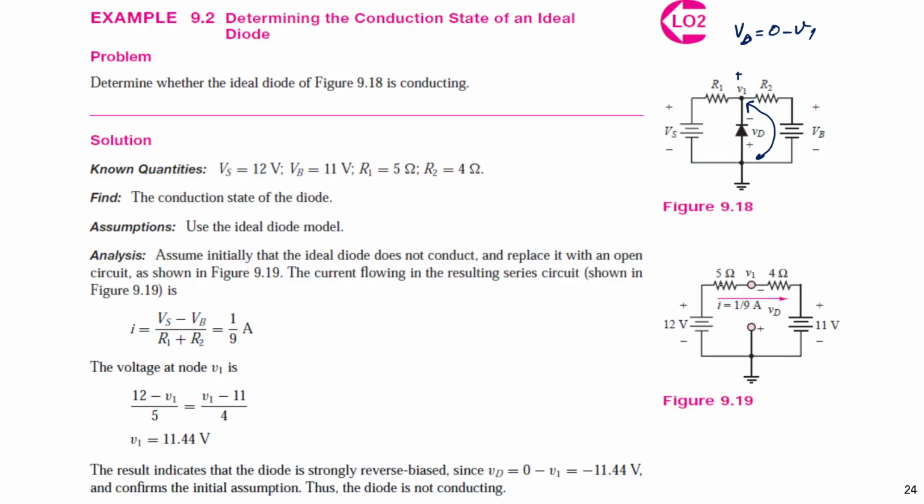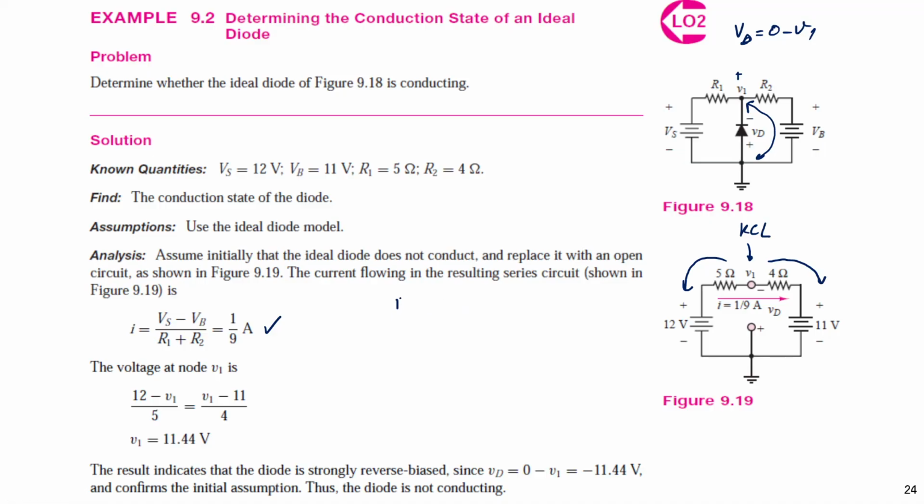So by this circuit, V1 here. We use KCL here. V1 minus 12, V1 minus 11. Okay. So maybe if you understand with this equation, it is also okay.